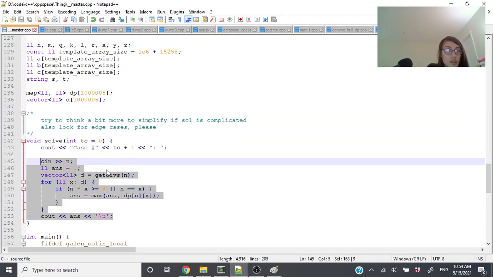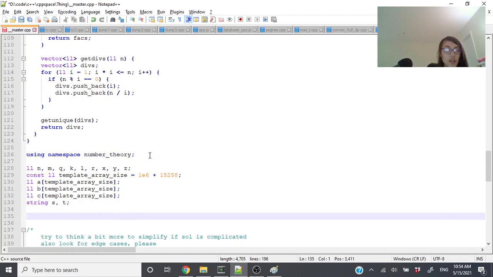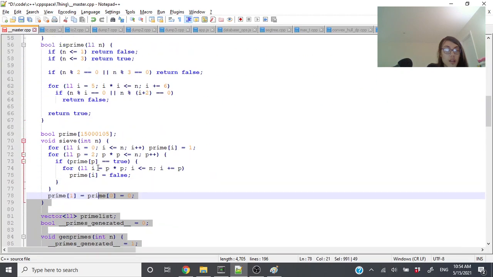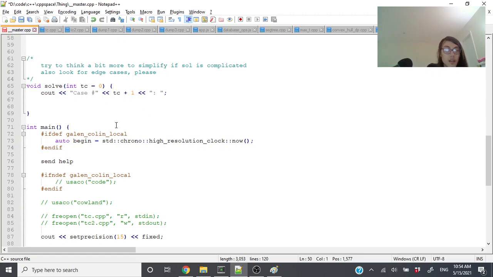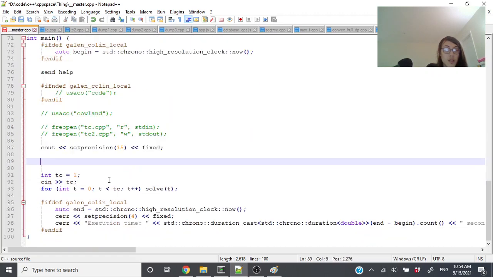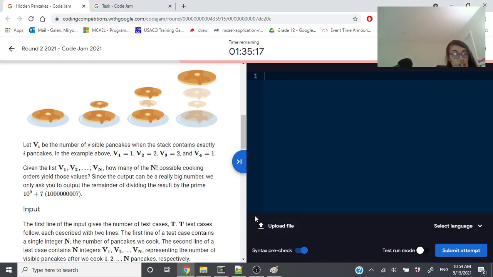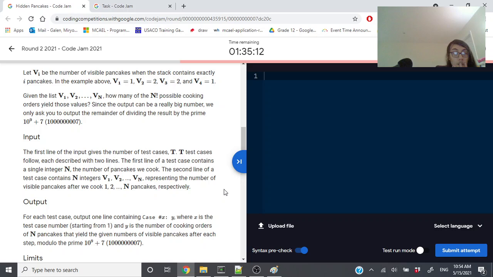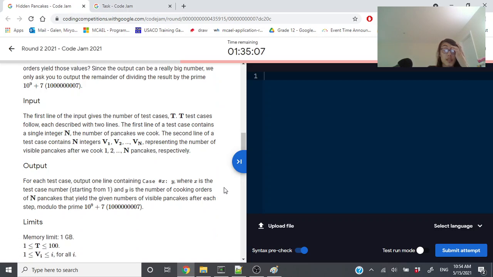Okay. The remainder of dividing the result by the prime, 10 to the 9th plus 7.